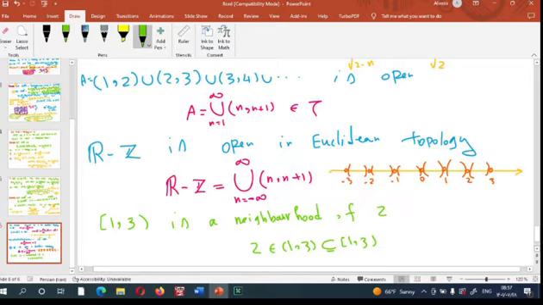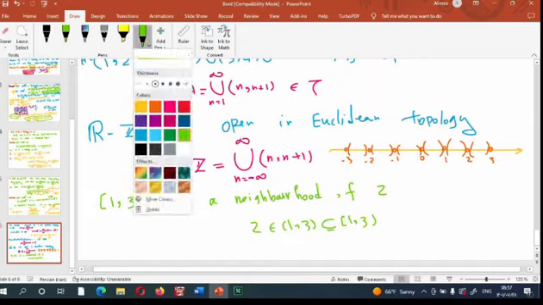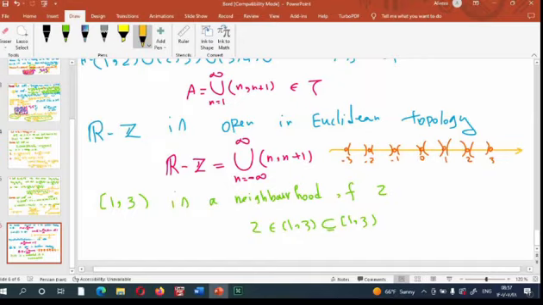This is your U, for example, okay? U belongs to our topology, and this is N, that is a neighborhood of 2.